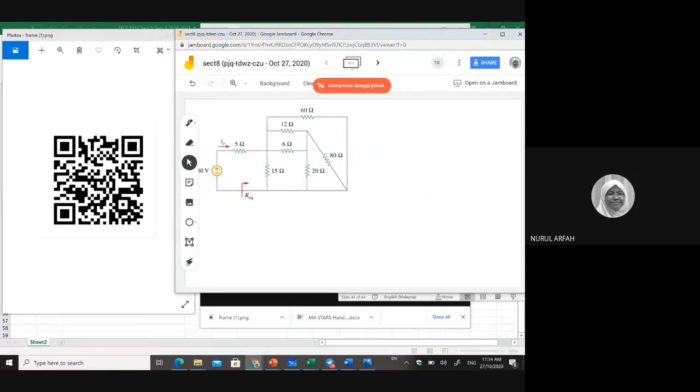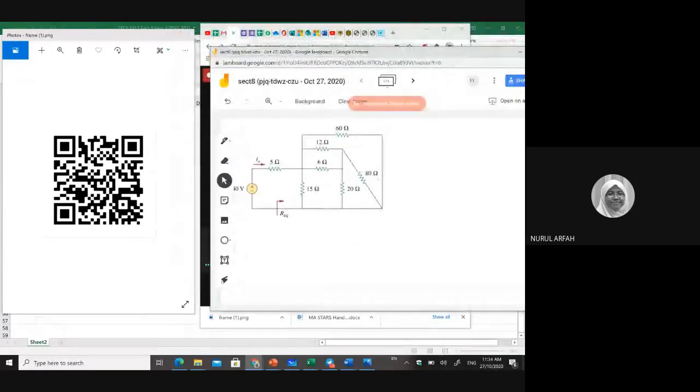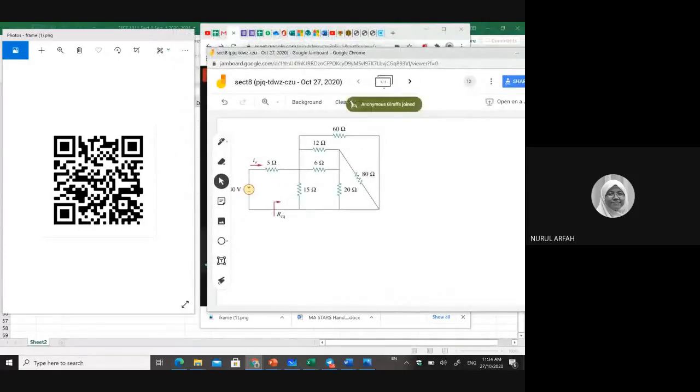Right. We have a question here. The question asks you to find R equivalent, which is at these terminals. This is A, this is B. You're going to reduce the whole circuit on your right side with R equivalent. So what I mean is you're going to do this.